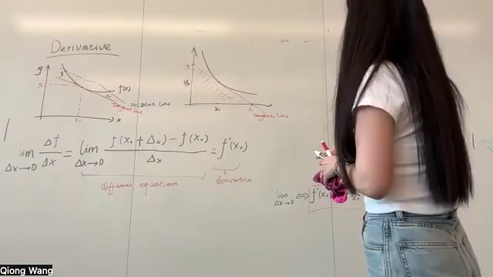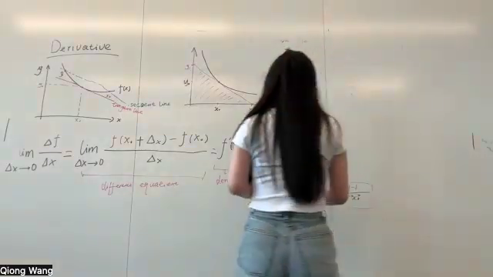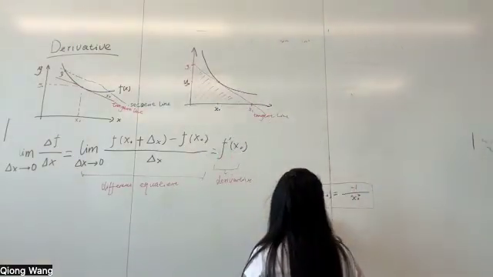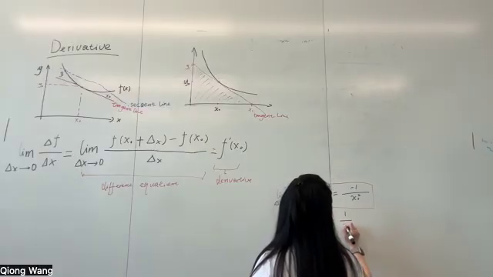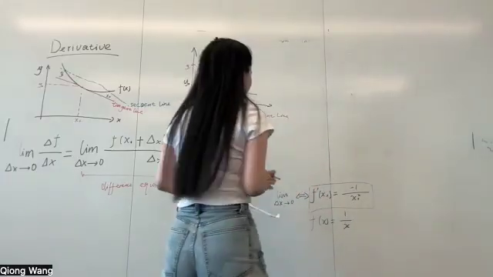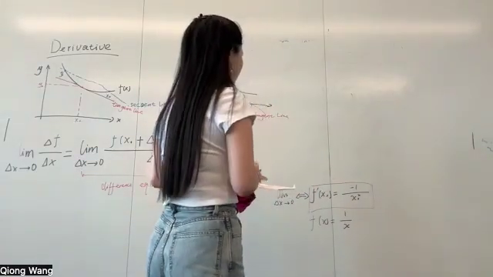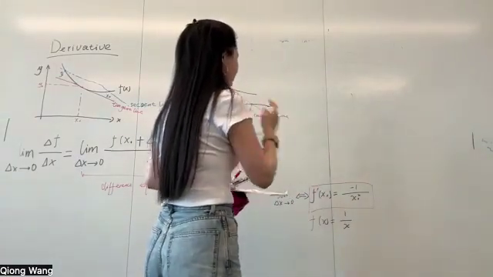So we have already known f(x) equals 1 over x, and f prime x0 equals this.